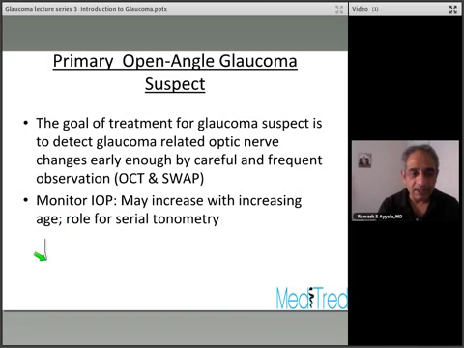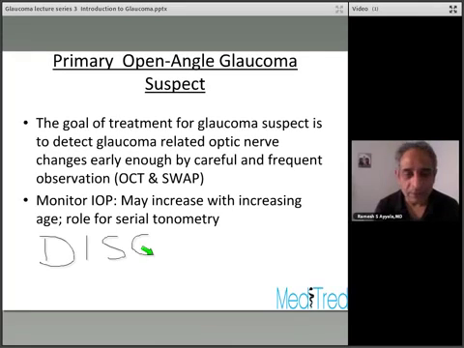The disc has to be examined on every single visit using your 90 diopter lens or 70, 76, whatever stereo lens that you have access to at the slit lamp. Please take the time to examine the optic nerve head to make sure that it's not getting worse, leading to glaucoma. Since you can detect early glaucoma at this stage, you will prevent blindness in the future for these patients by starting treatment early.